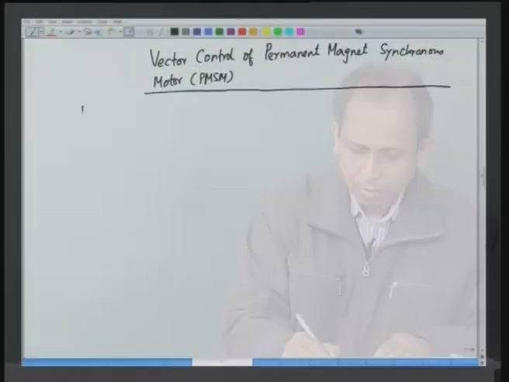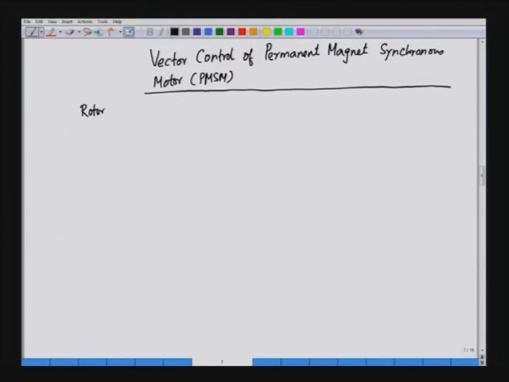The equations are derived in the rotor reference frame. So in this case we take a rotor reference frame and derive the model of PMSM in the rotor reference frame.